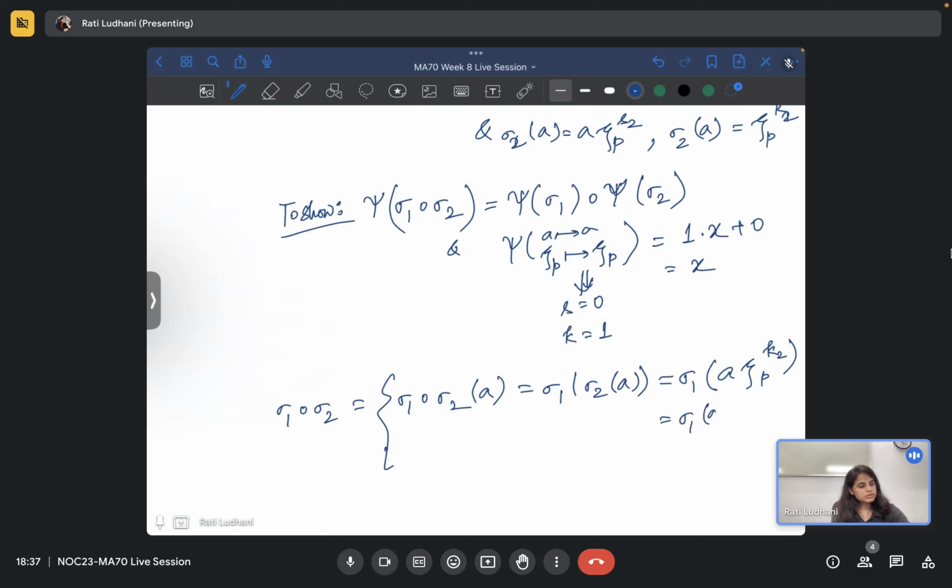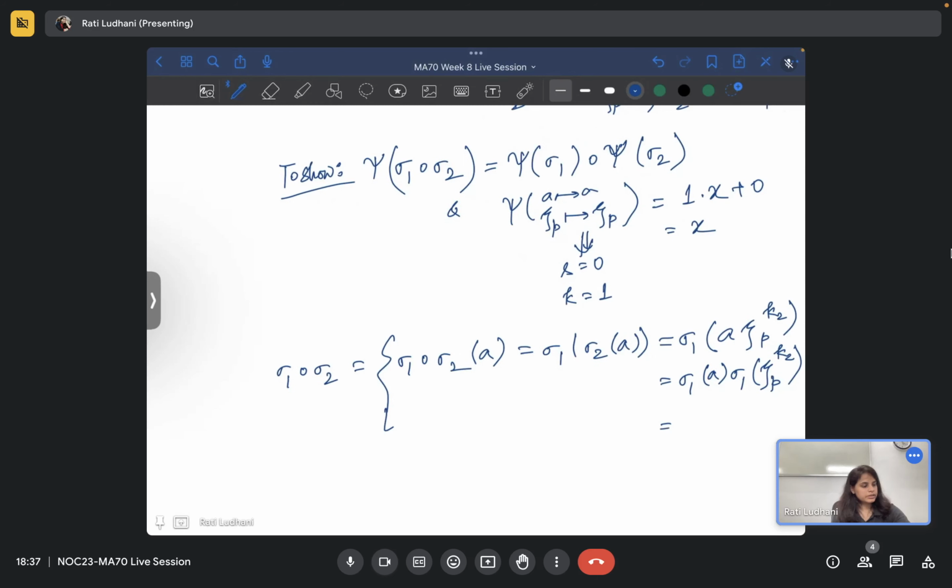Because this is a K algebra homomorphism, sigma 1 of a is equal to a zeta p raised to power s1, and because this is again a K algebra homomorphism, I'll write it again.